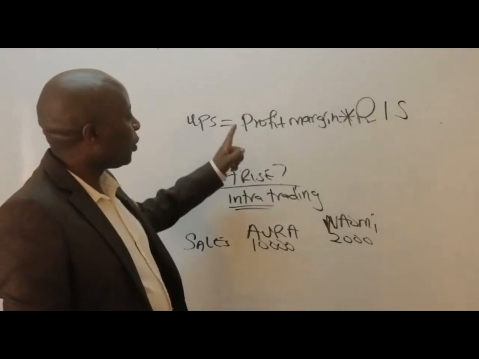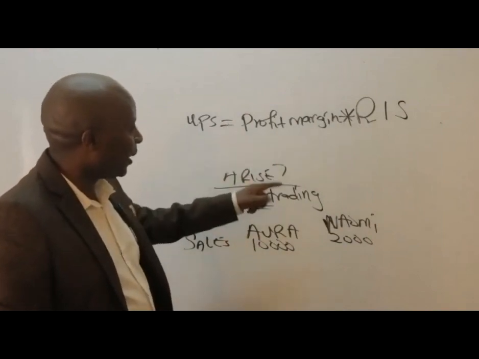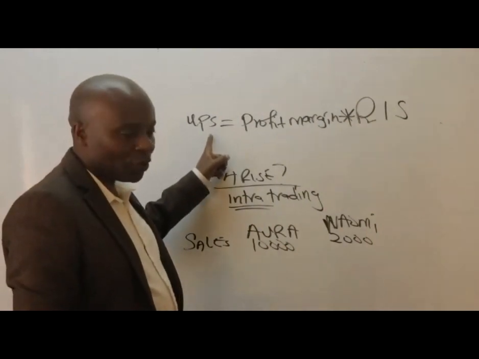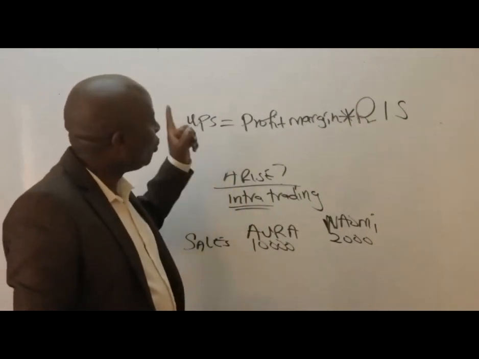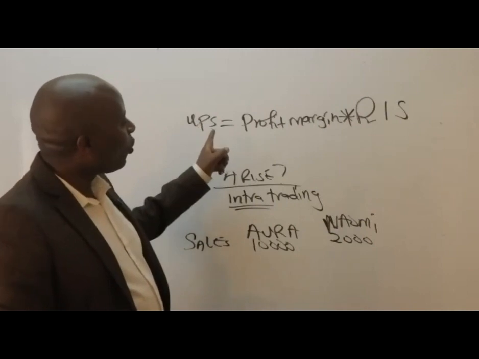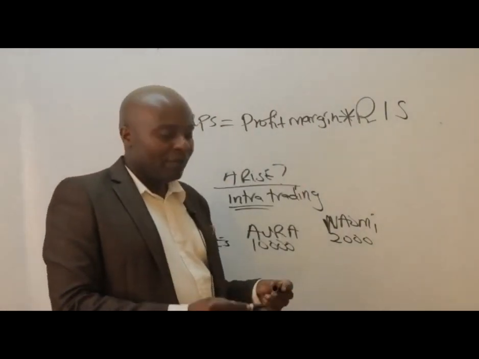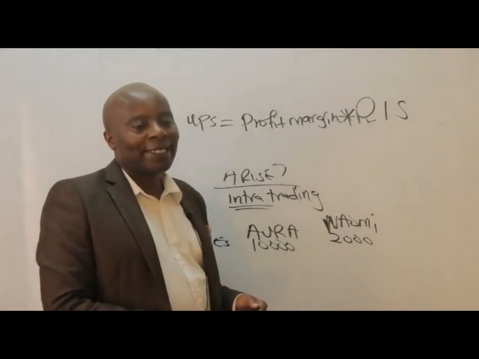This is a formula that, even though I'm going to send you the notes immediately before the class ends, you must appreciate, all of us. You must write this formula down: UPS, unrealized profit, equals profit margin times remaining intra-sales.